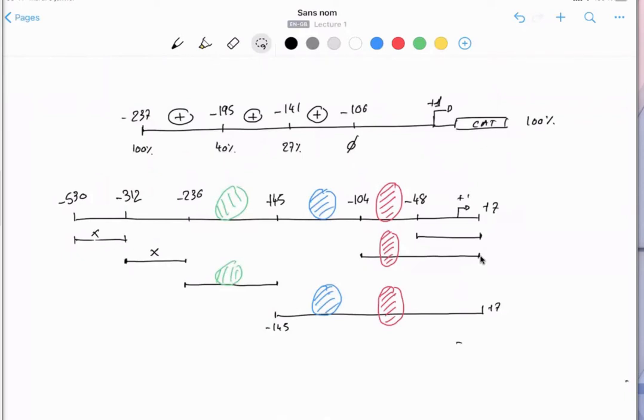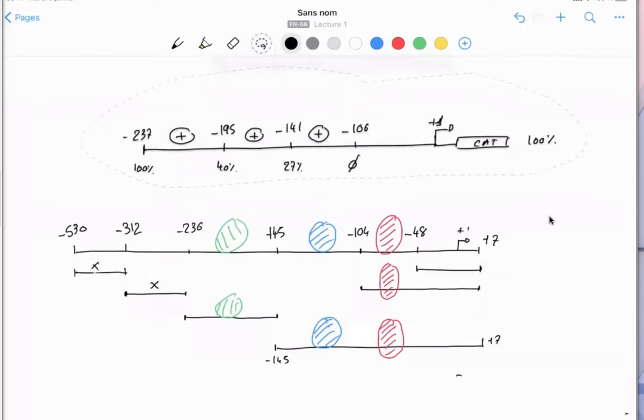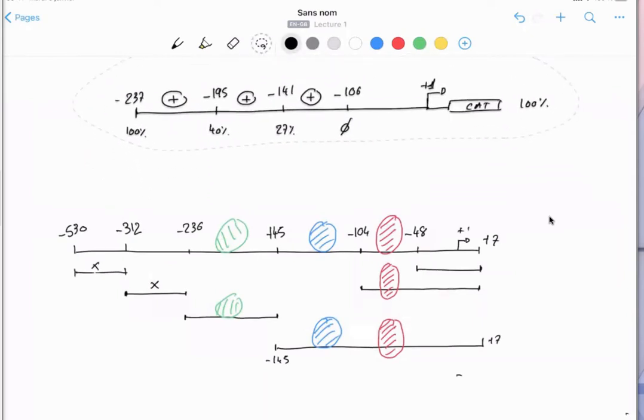Then, if we use the fragment -236 till -145 as a competitor, do you see that the complex is still present? Okay. What does it mean? So we need to be very, very precise in the analysis. Okay. So I will try to show you here.